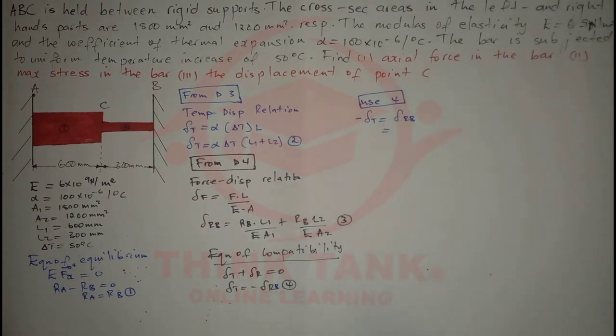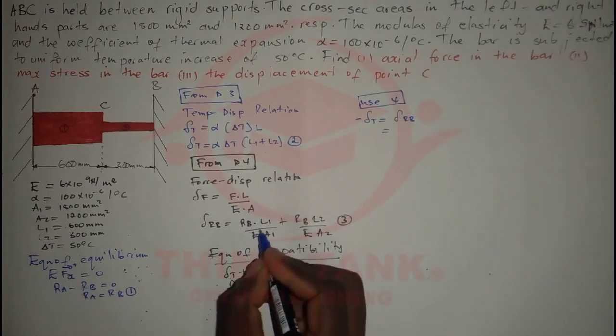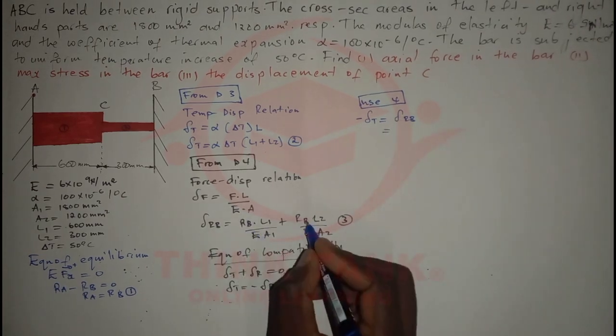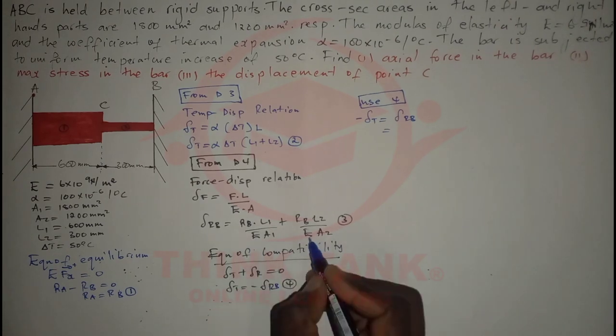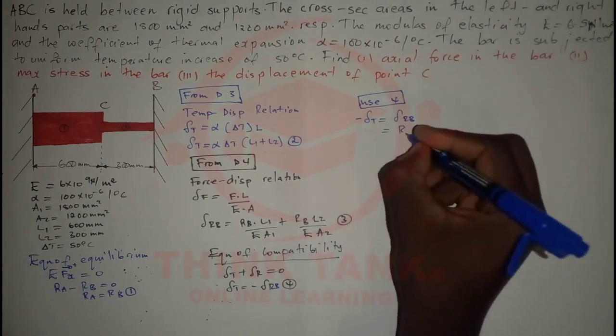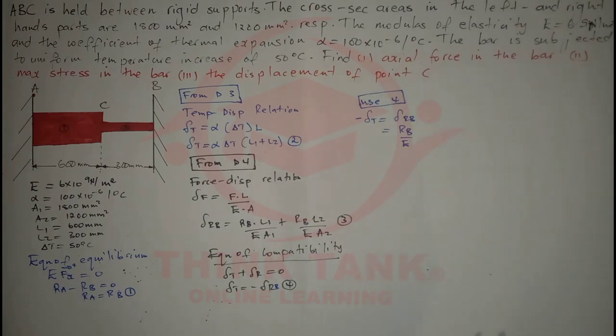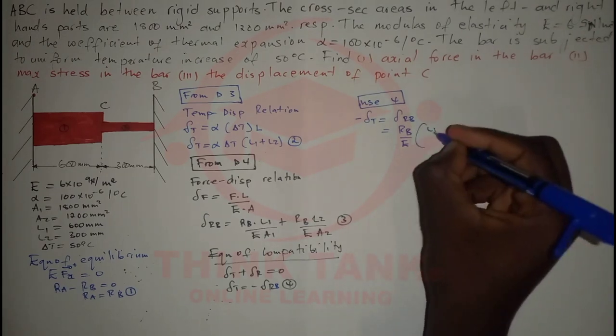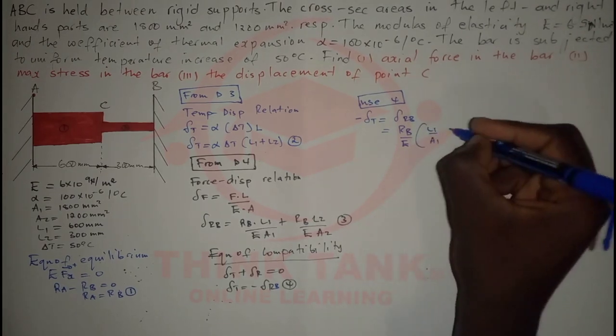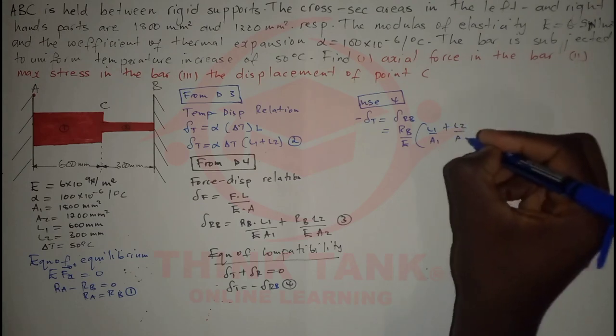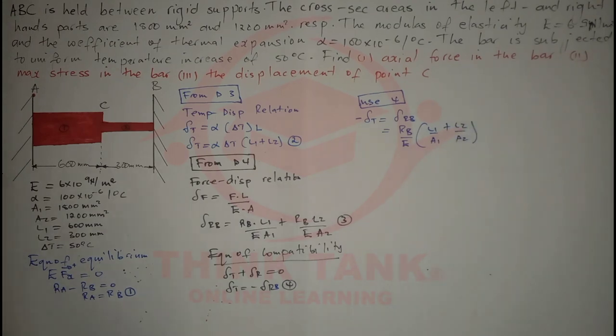So from here, what do I know? The change in length due to RB, I have it here. You can see we have RB here, and we have E and E. You can just factor out RB over E, the modulus of elasticity, and I'm going to have L1 over A1 plus L2 over A2 right here. What about here?